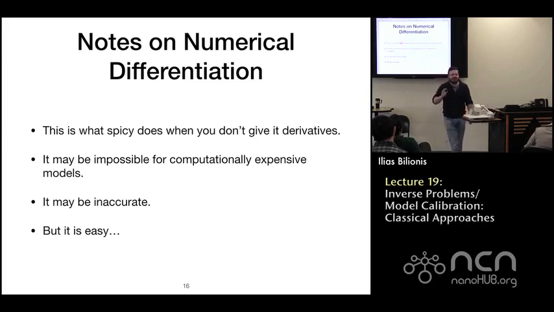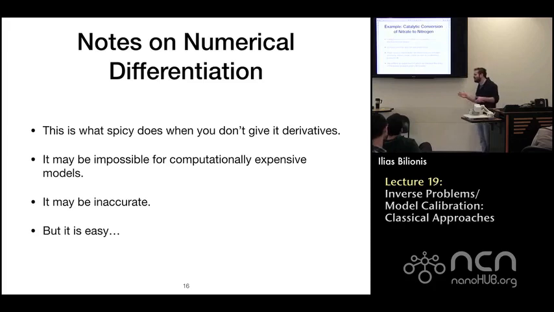If the evaluation of your model does not cost ridiculous amounts of electricity, then you can just try it. And maybe it works, but be prepared for failure, because it never really works the first time.